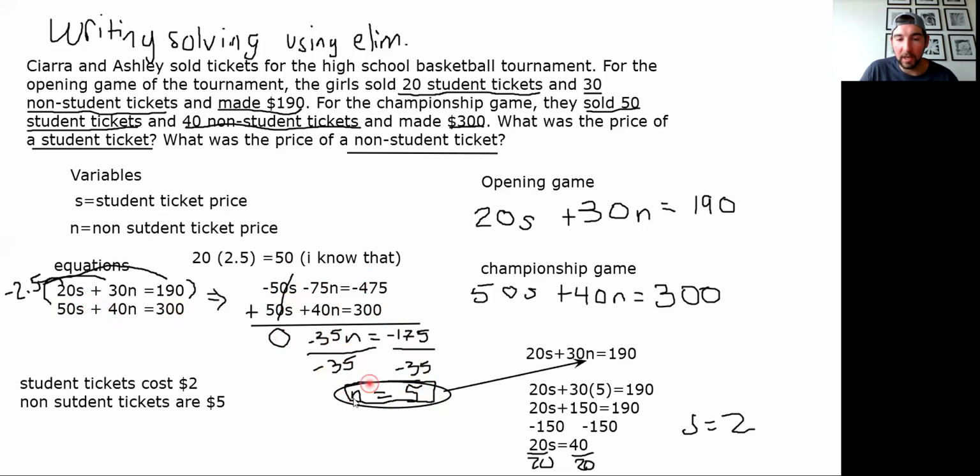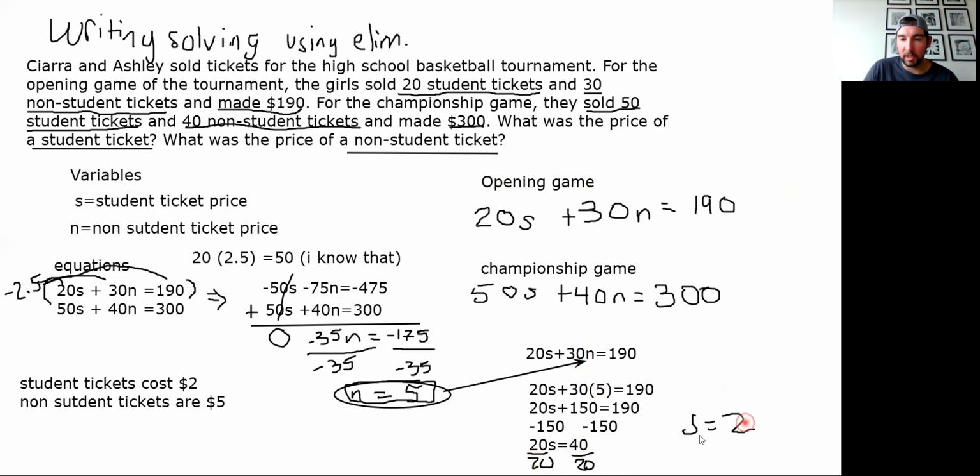Now, once I have my non-student tickets are $5, I can plug that into my original equation right here, the same equation I got up here. I can use that one. You could also use the other equation if you want. I just chose the first one I saw. I plugged that in. I did my math all the way down through here, and then I ended up getting s equals 2.